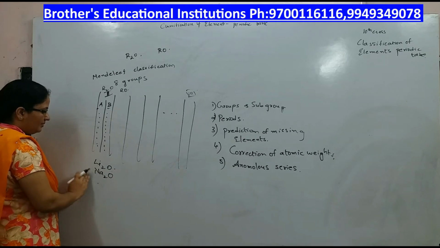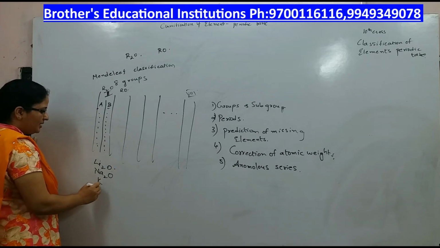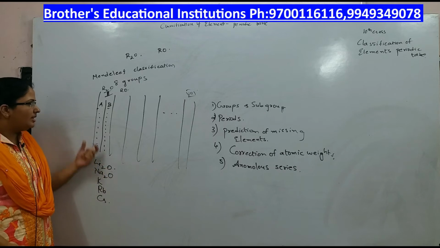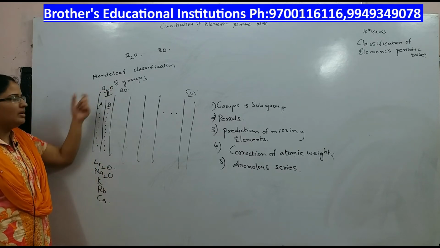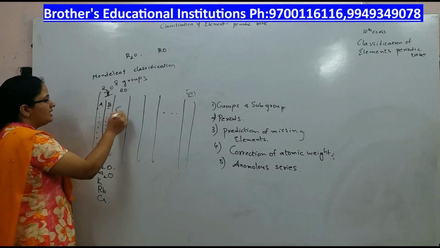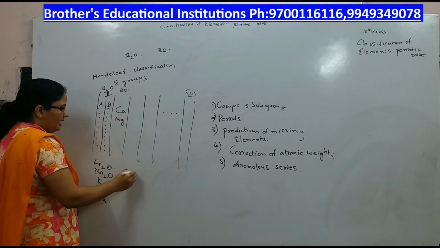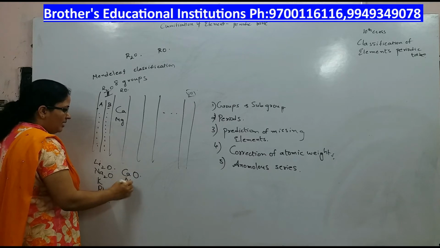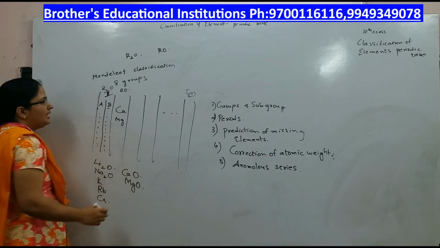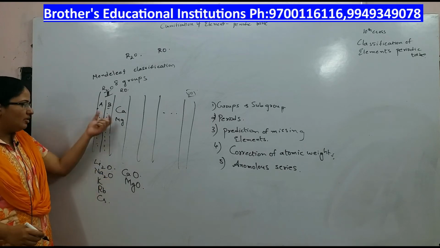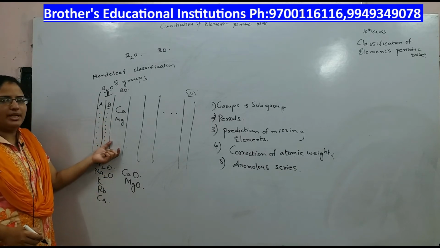Lithium, sodium, potassium, rubidium, cesium all react with oxygen in the form of R2O. Similarly, elements of the second group, calcium and magnesium, react with oxygen like CaO, MgO. This is how the elements in a group have similar properties.